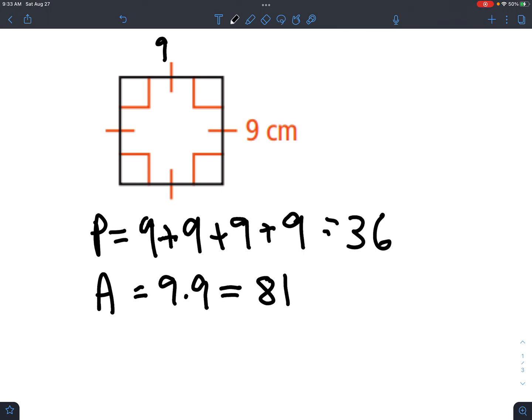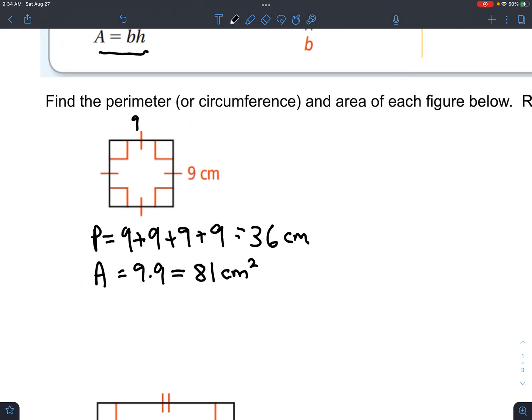Sometimes it'll be units, sometimes it'll just be unitless, which is probably my bad. All of them should have units, but area is square units and perimeter is just the units. It's squared like that because area is made up of tiles. It's not made up of just adding lengths together.